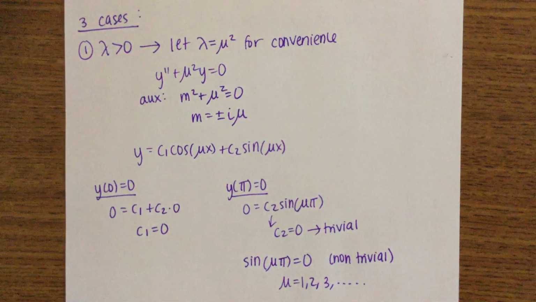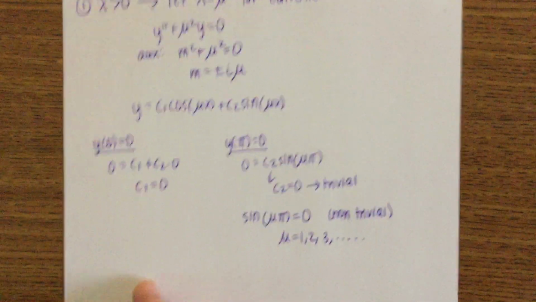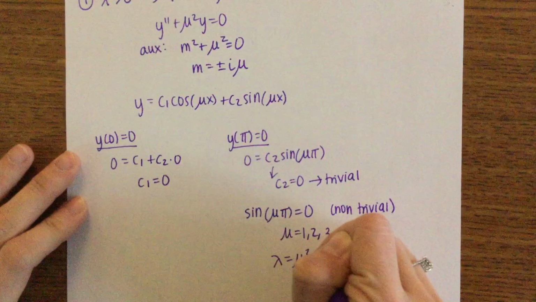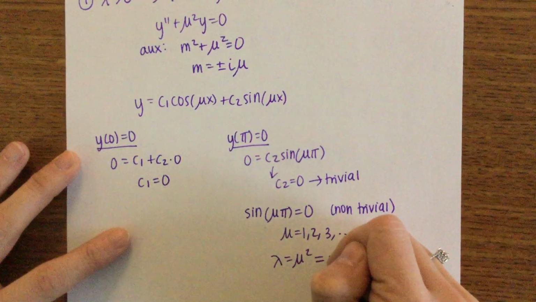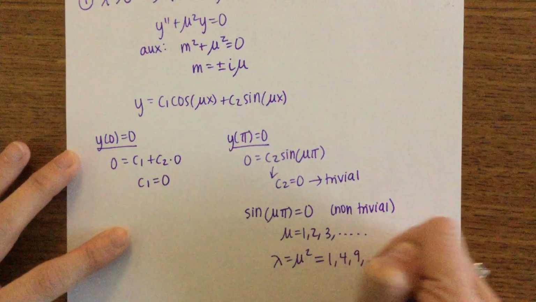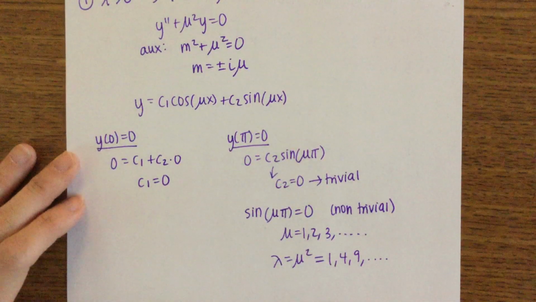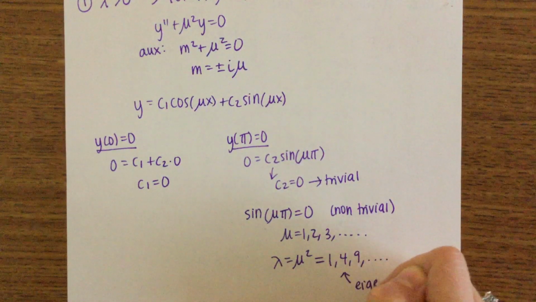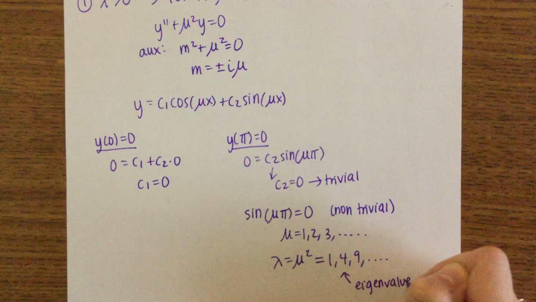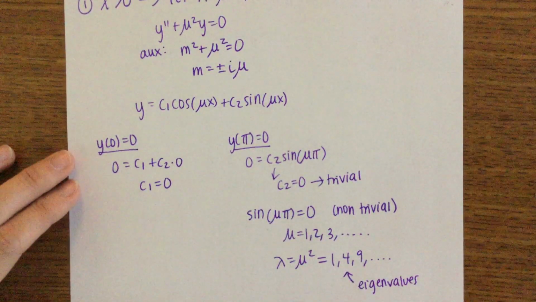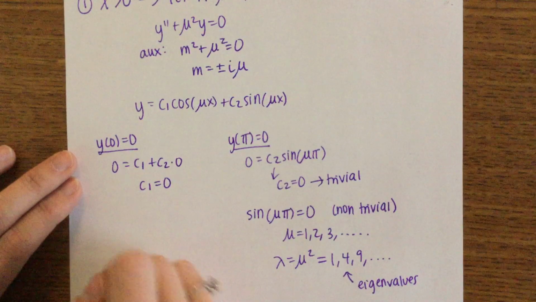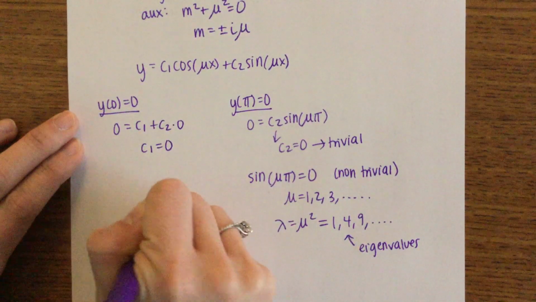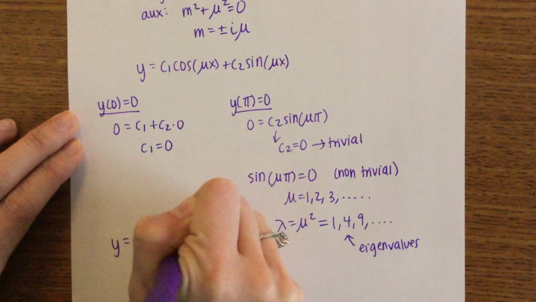We care, though, about the eigenvalues, so specifically about lambda. If lambda is equal to mu squared, that means our eigenvalues then are 1, 4, 9, etc. So these are the eigenvalues. Our solution then is going to be of the form y equals c2 sine of mu x.